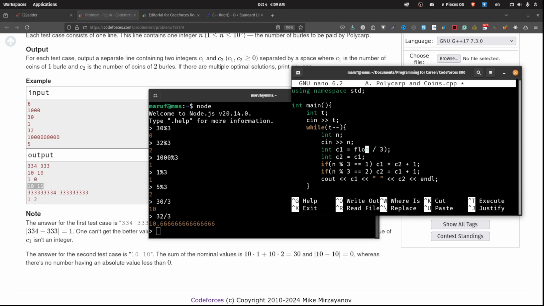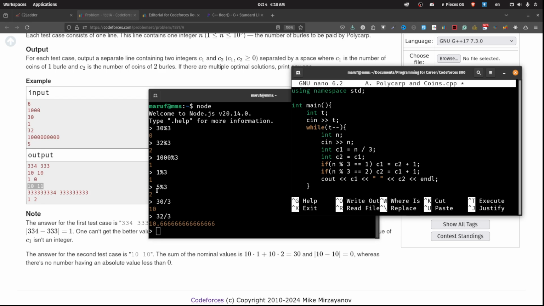If I skip this for now, what will happen? Now I get the value of 10 as an integer value here. If the resulting value is 2, I can say c2 is equal to c1 plus 1. That's fine. And if the resulting value is 1 modulo 3, for example 5 modulo 3 is equal to 2.